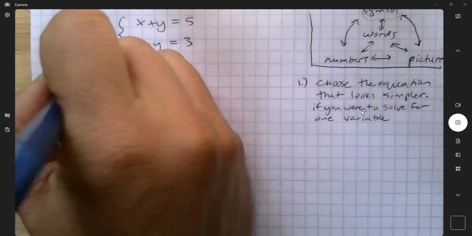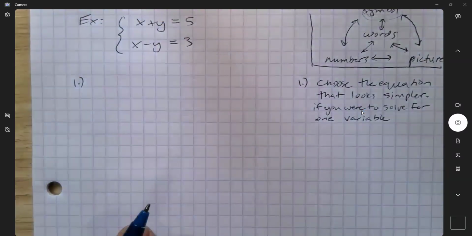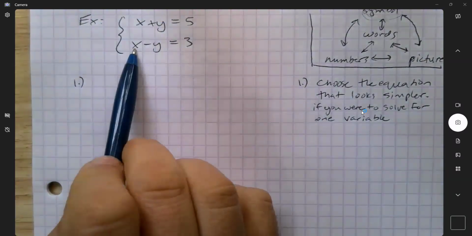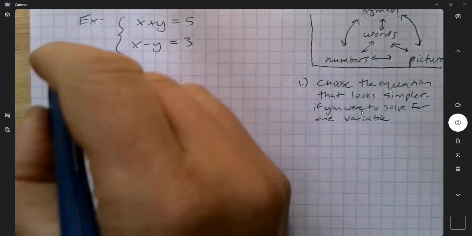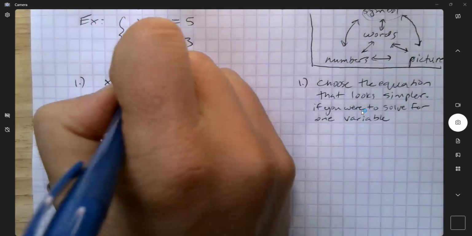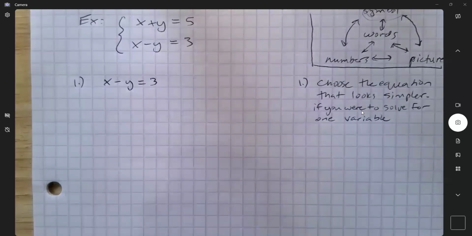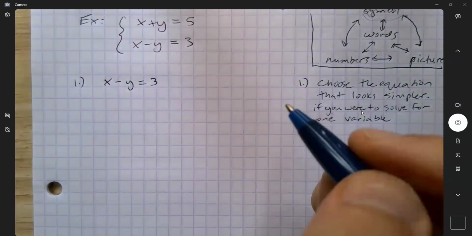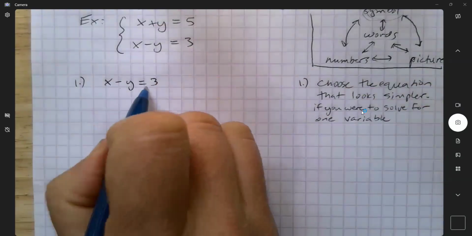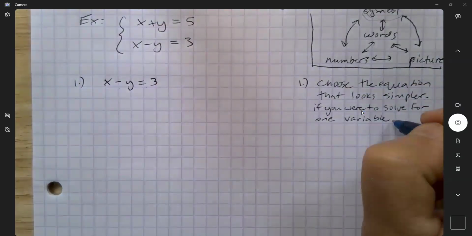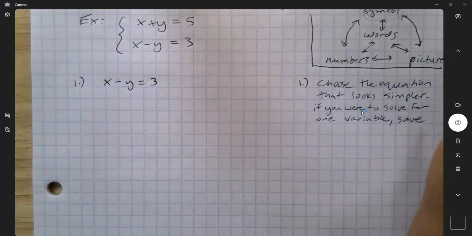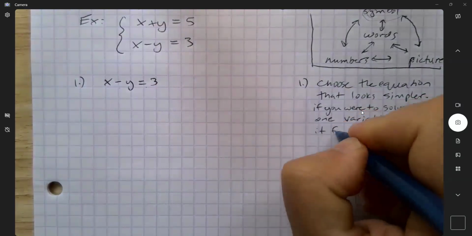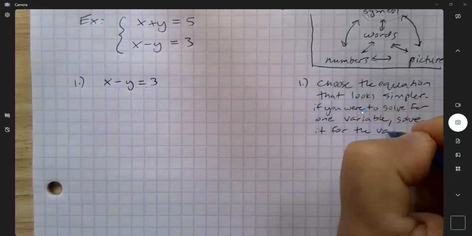Well, it takes a little bit of practice to get intuition, but I'm going to tell you right now, I think x minus y equals 3 is going to be easier to solve for one of my variables, because all I have to do is add y to both sides and I'll have it solved for x. So once you choose that equation, solve it for the variable.